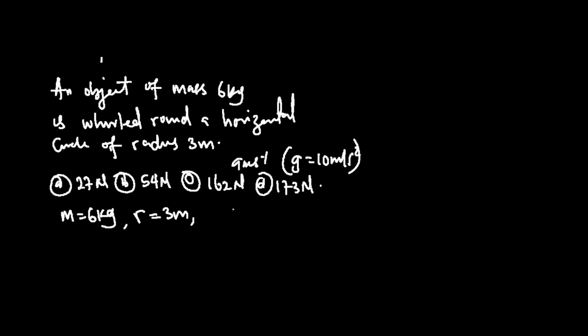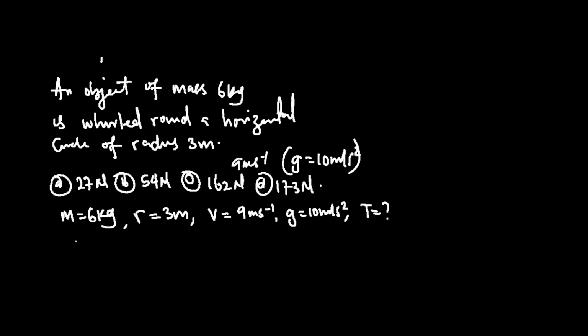Calculate the tension in the string if the uniform speed of the object is 9 meter per second. So v is 9 meter per second, and we have that g is equal to 10 meter per second square. And we are looking for the tension force. All right.